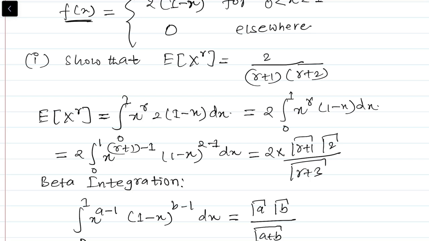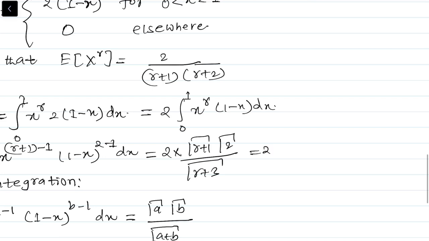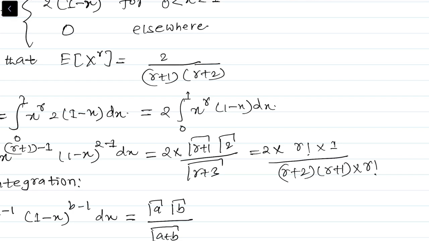Now let's solve this. This is 2 times r factorial times 1, so we don't need to write the 1. And then the denominator is (r plus 2) times (r plus 1) times r factorial, so you can cancel the r factorial.